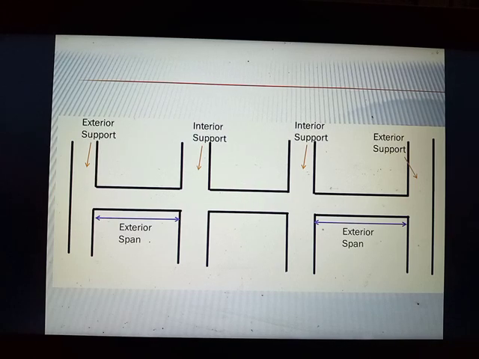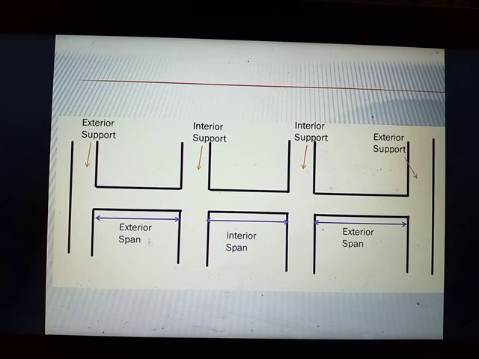And then we have the exterior span. If we have the exterior and interior supports respectively, we also have the exterior span. When we talk about exterior spans, those are the spans on the farthest ends. Other than the exterior spans, the rest are the interior spans, which can be found in the middle.